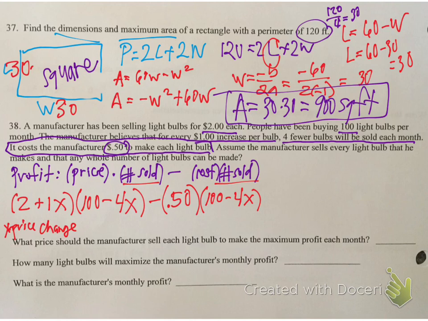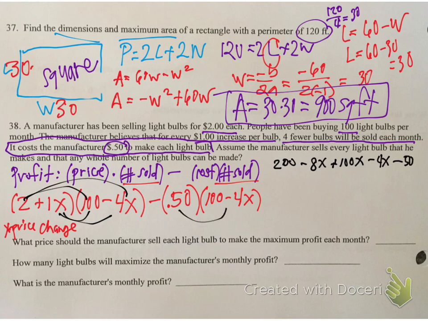So if I were to FOIL this, you end up getting 200 minus 8x, because I'm doing it here, plus 100x minus 4x squared, then minus 0.5 times 100 is 50, and 0.5 times negative 4 is minus 2x.